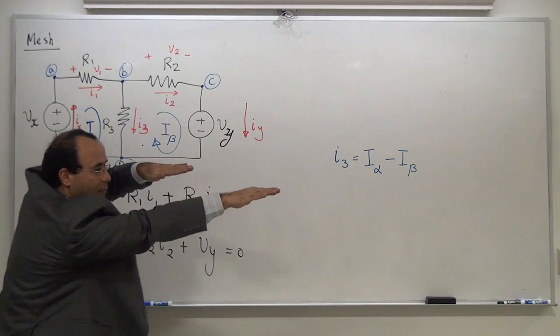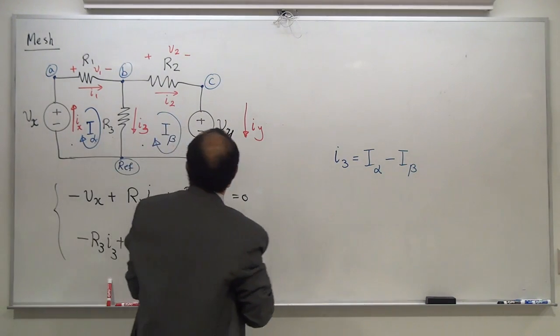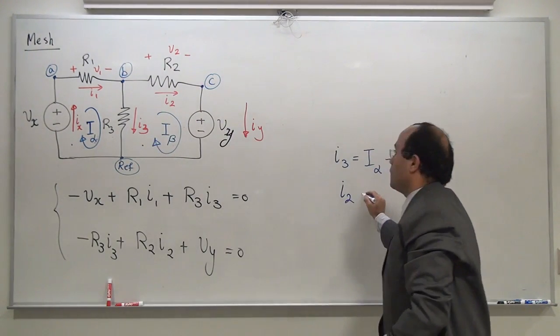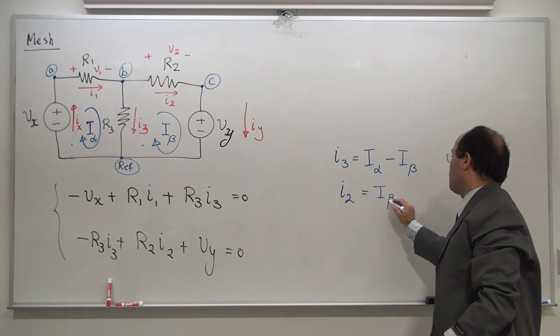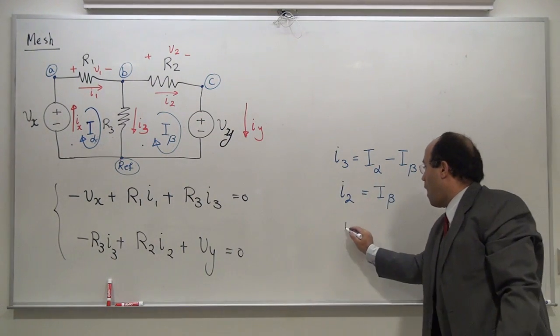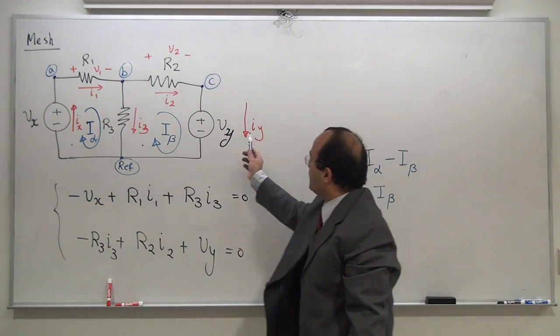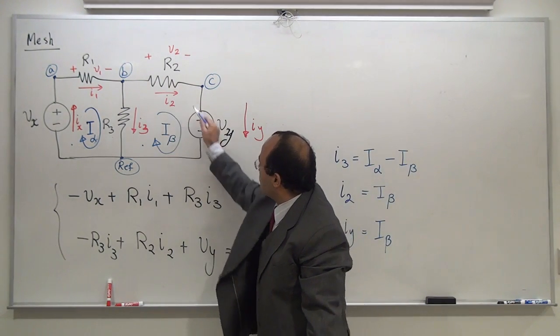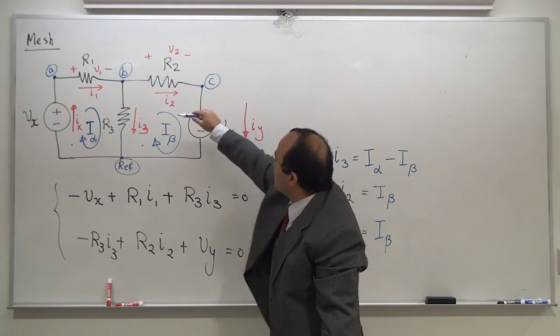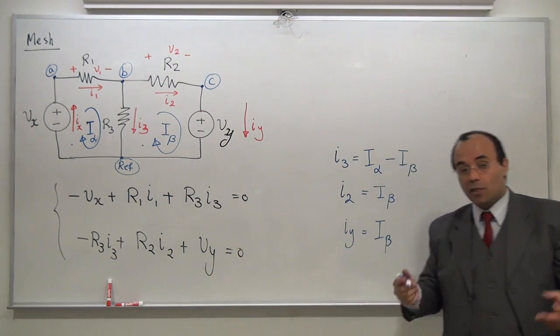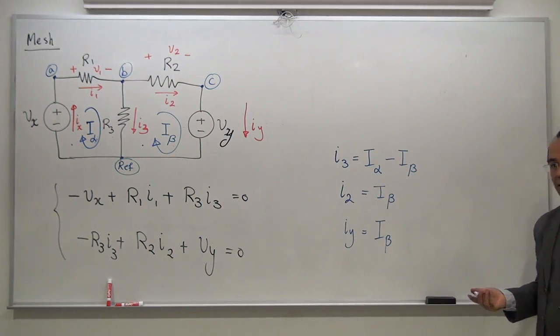So I2 is going to be I beta. Once again, you can see this one is touching this. This current is going to be exactly in the same direction as this one. If they are opposing it, I'm going to assign a minus sign.